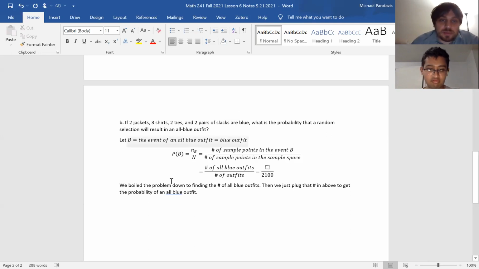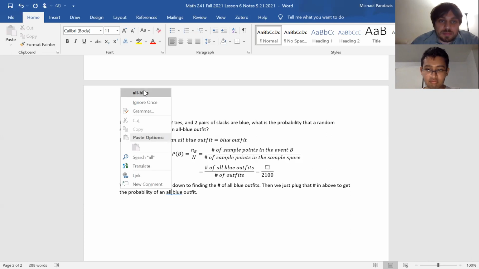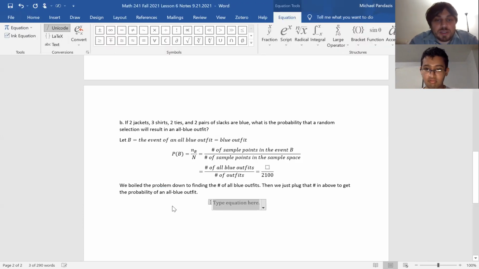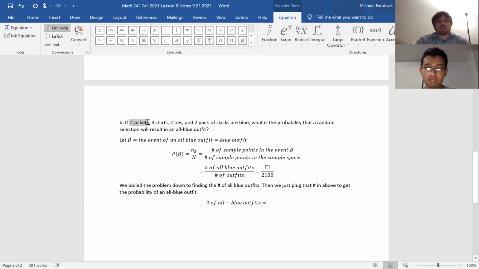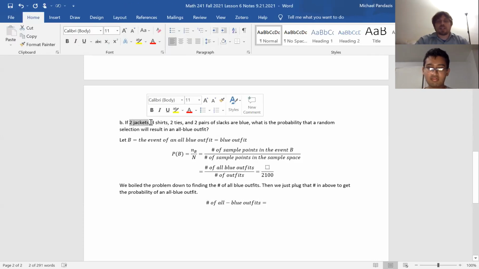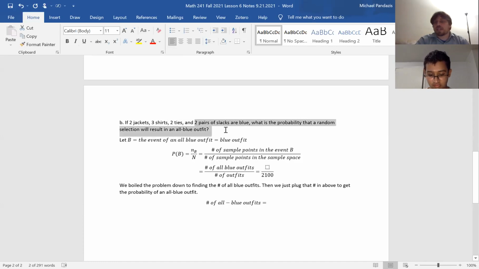Okay, so the number of all blue outfits is equal to, well, just like before, you have 4 sets. You have the set of blue jackets, the set of blue shirts, the set of blue ties, and the set of blue pairs of slacks, right?